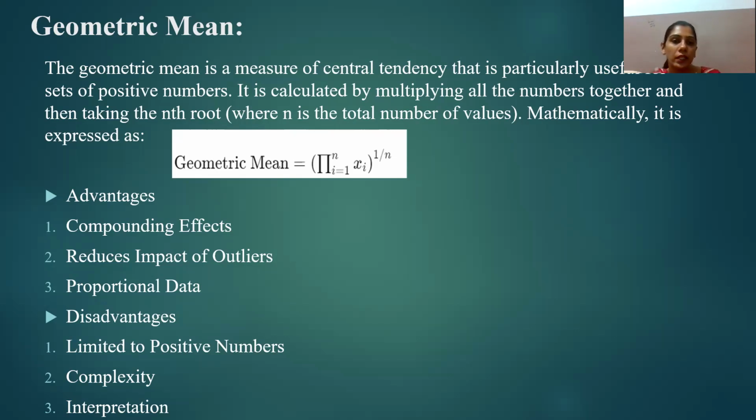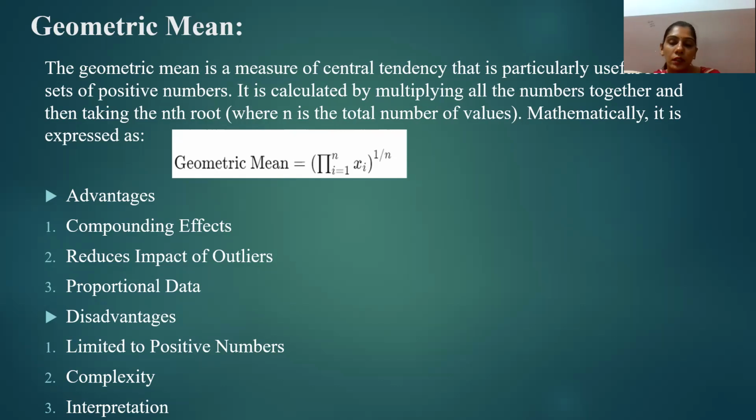But in geometric mean you cannot easily interpret the application, or you cannot easily interpret the solution. It is more difficult than the arithmetic mean to interpret the use or the calculation of geometric mean.